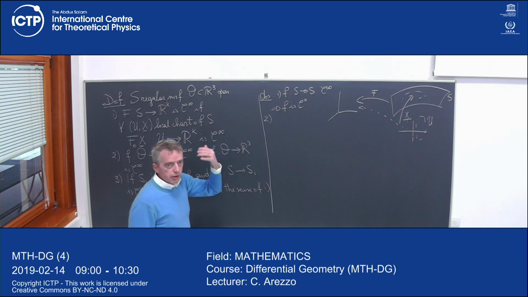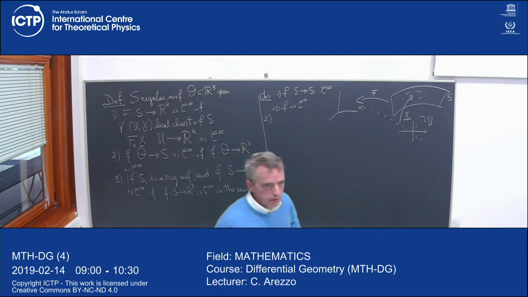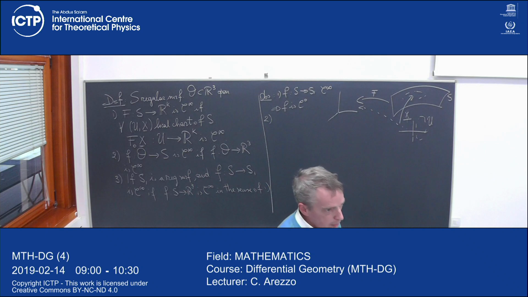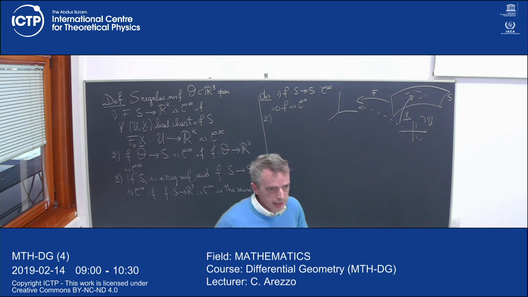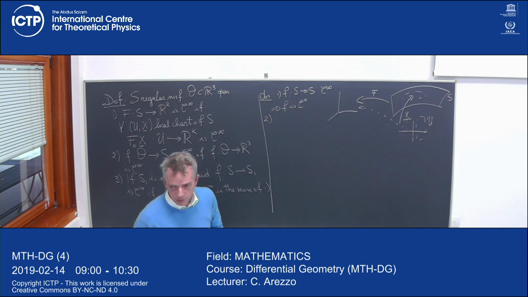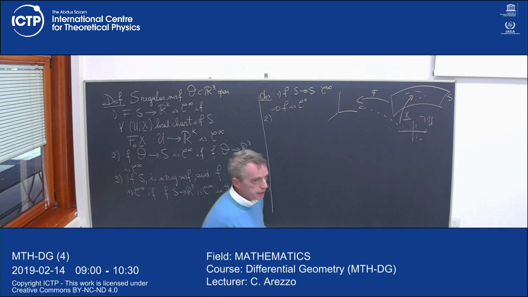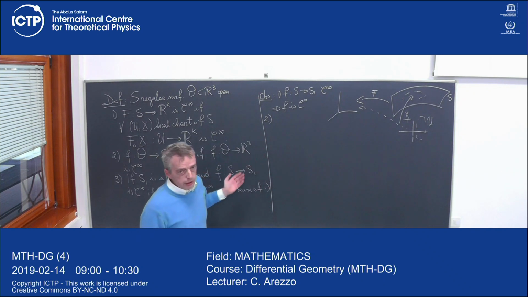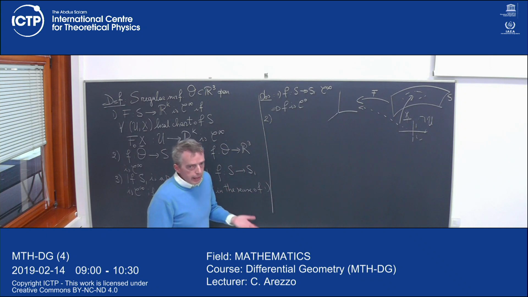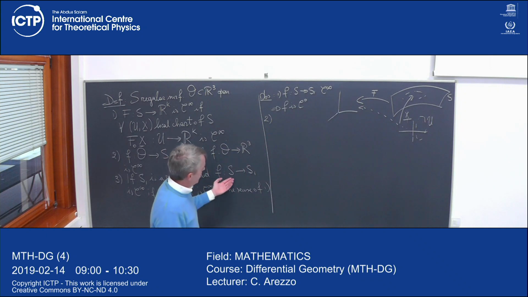Remember, now, take your calculus book. As soon as you have defined what is a smooth function, what did you do? Well, you proved all this algebraic stuff. Okay? So if I take two smooth functions, the sum is a smooth function. If I take a real number and the function, lambda times the function is a smooth function. All these things. Will they hold in this new category? Well, yes, as long as they make sense.